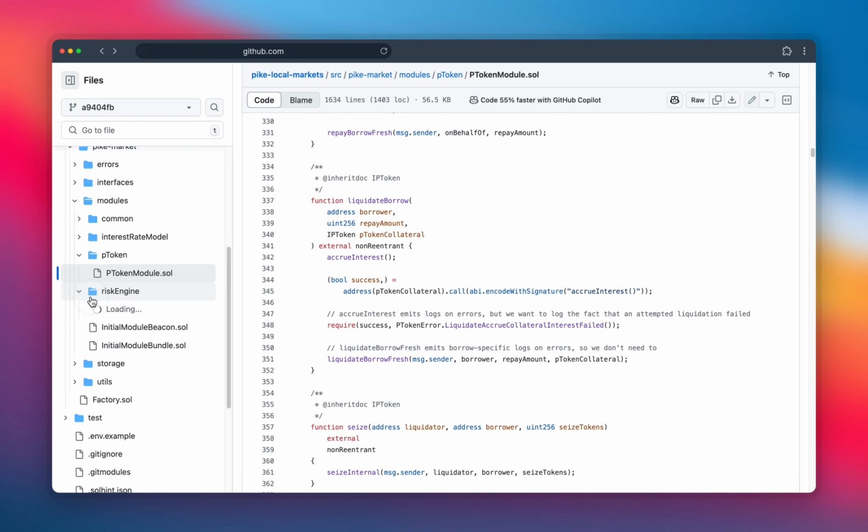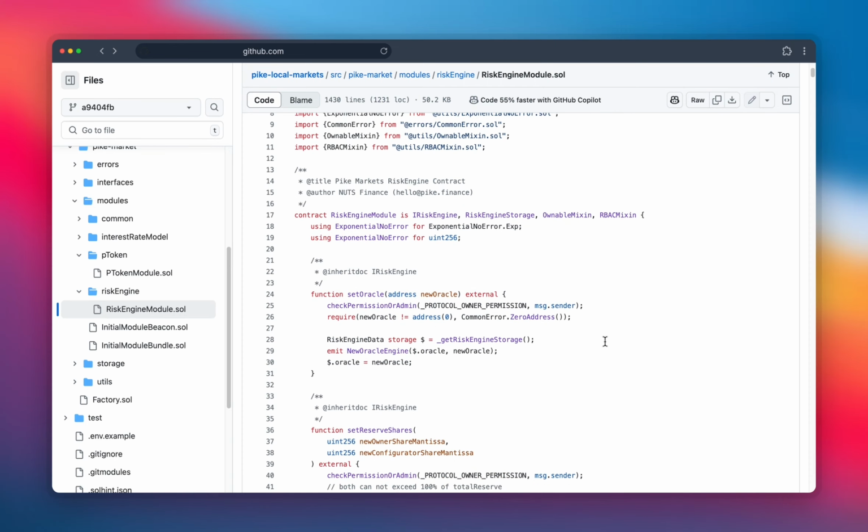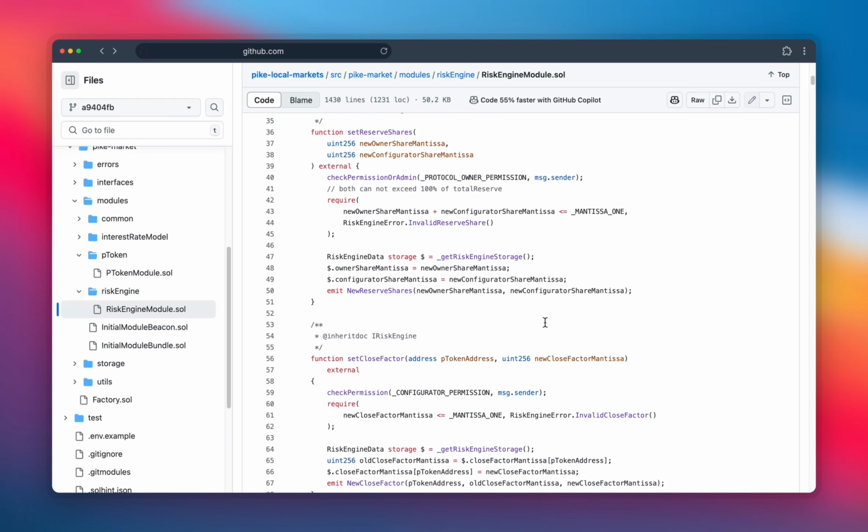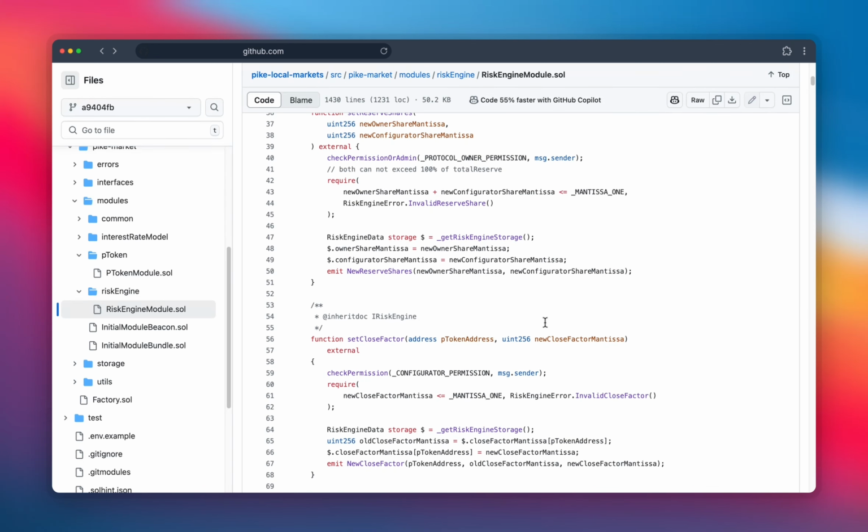So next is the risk engine, which is a central registry for collateral factors, liquidation thresholds, close factors, liquidation incentives, supply and borrow caps, global pause flags, things like this.